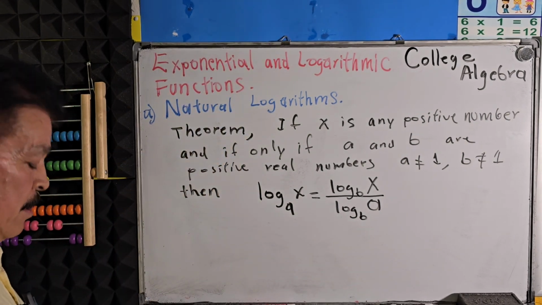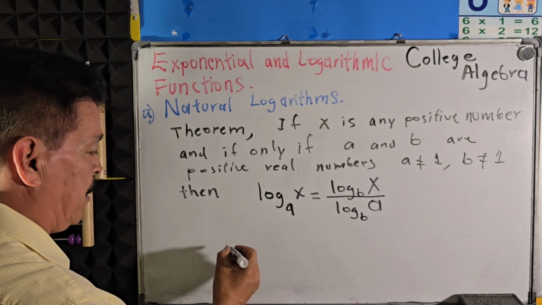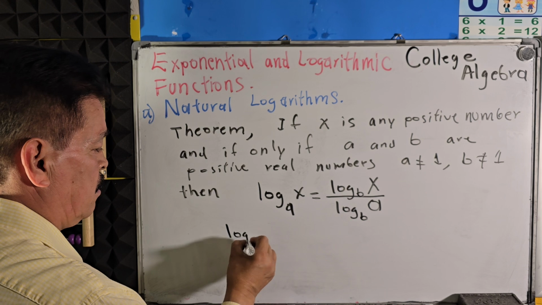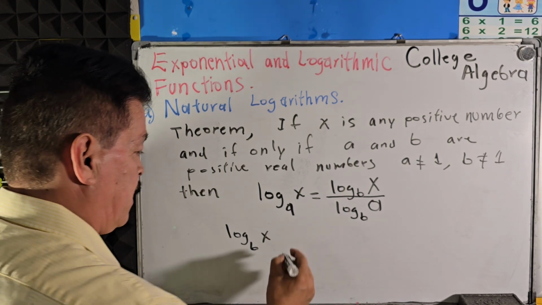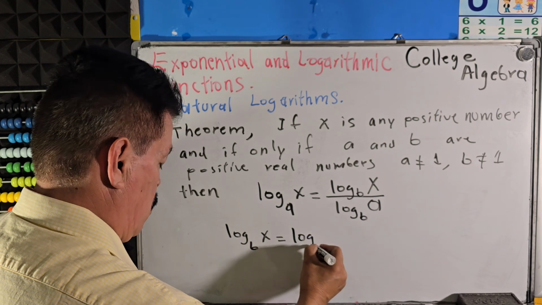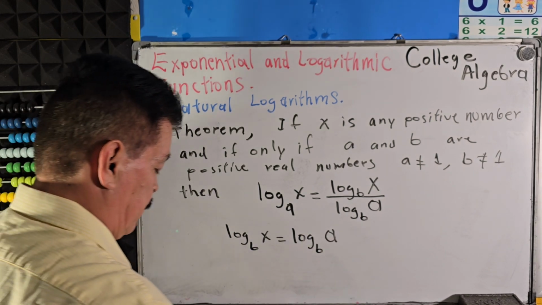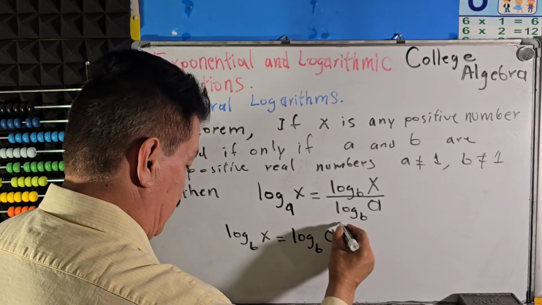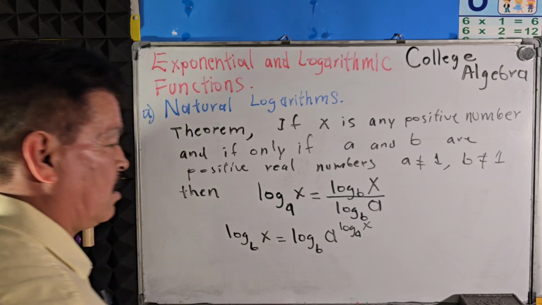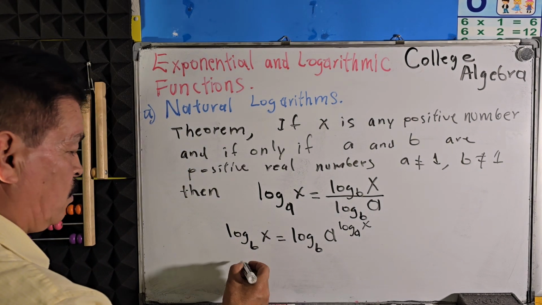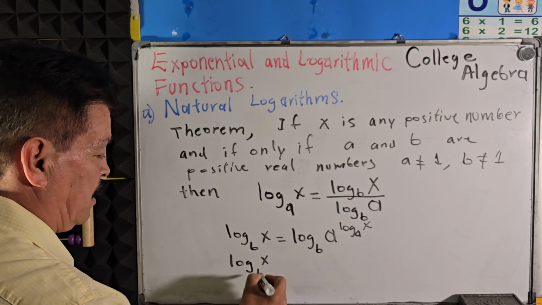Okay, so if we write it in a different way, we will have a to the exponent log of x with the base a equals a log of x with the base a.